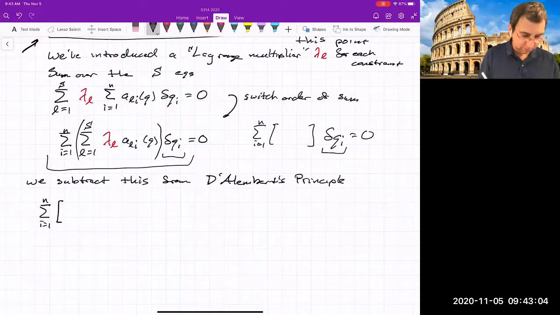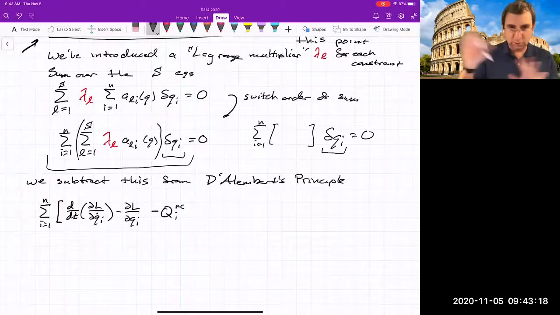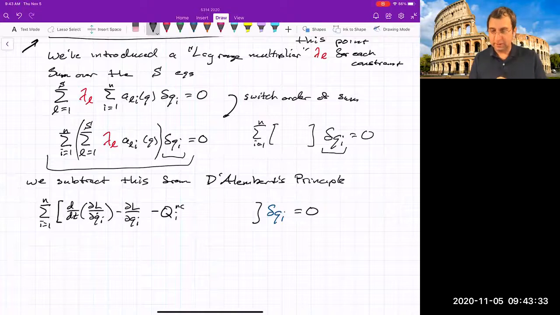I'll write this in square brackets: d/dt of partial L partial q_i dot, minus partial L partial q_i, minus Q_i. This is writing it in the full way that we've developed, times the delta q_i, which I'll write in blue now, equals 0.